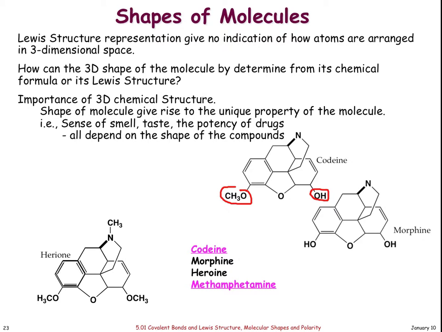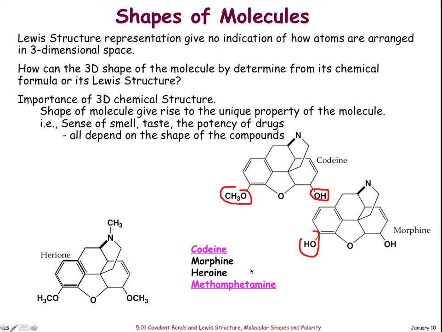If you've ever been injured and you're in great pain, they give you morphine. And look at the subtle difference. If you take this OH group right here and you change it to an oxygen with CH3, also known as a methyl group, you go from morphine to codeine, a less potent drug, but nevertheless still a painkiller.